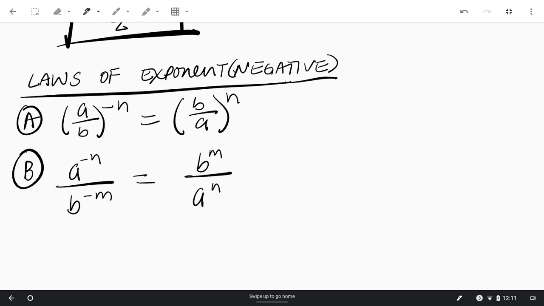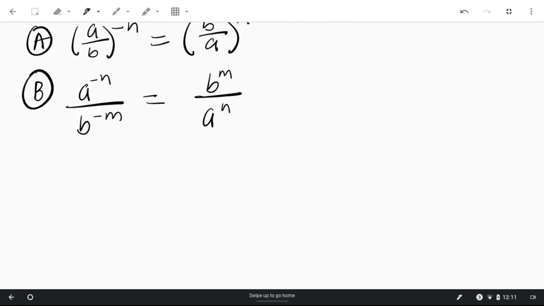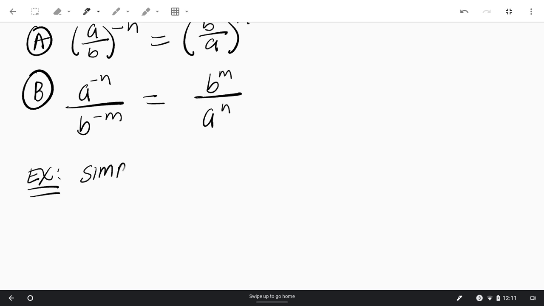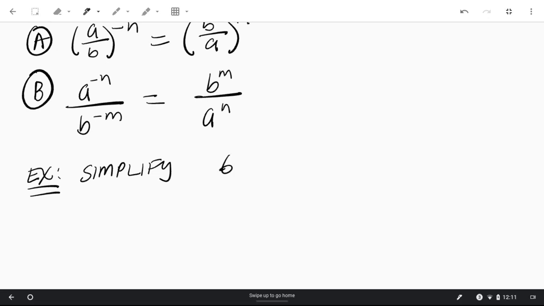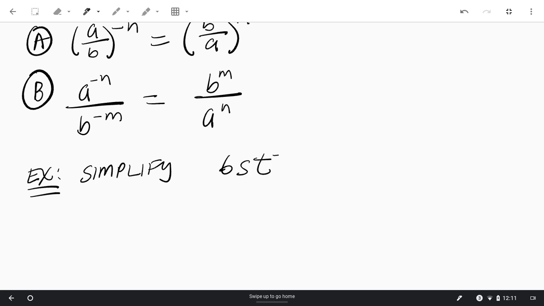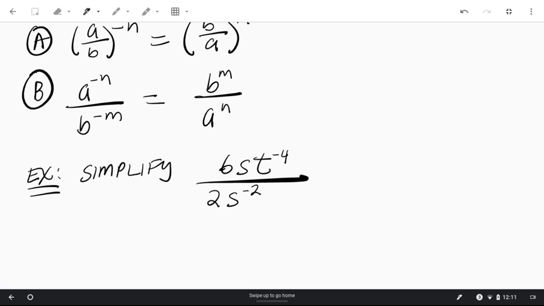Okay, let's simplify this one. 6st to the negative 4 over 2s to the negative 2 t squared.